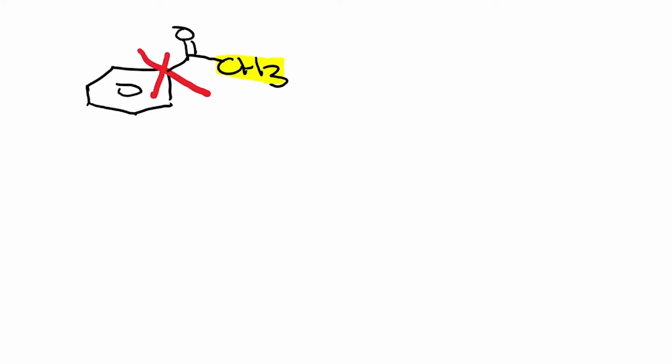So this has one enolizable hydrogen. Of course, as we know, it can react with itself and give you the aldol product, but you can also react it with an electrophile that is more reactive, such as this.